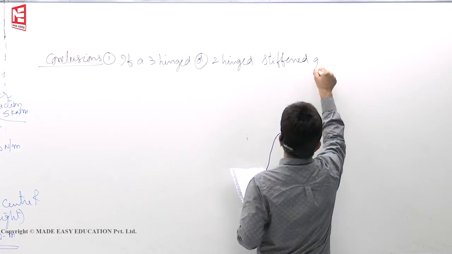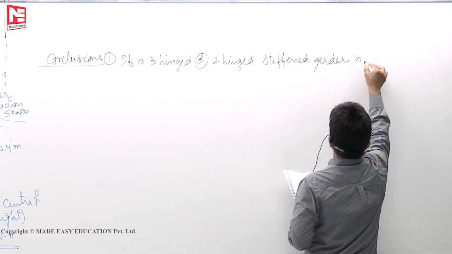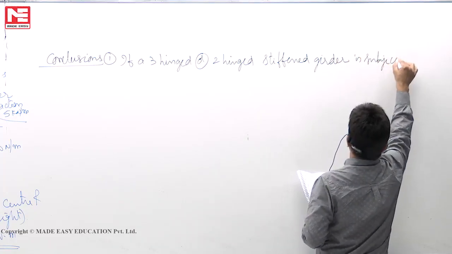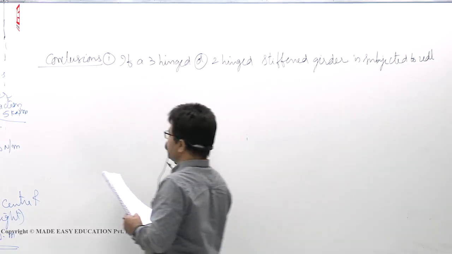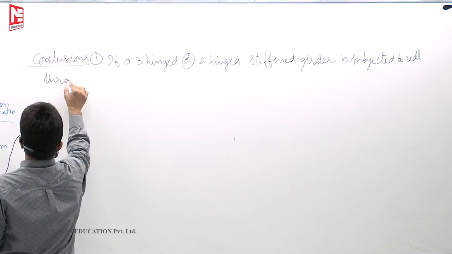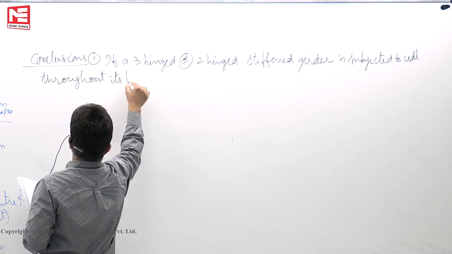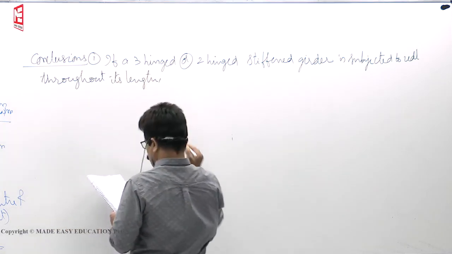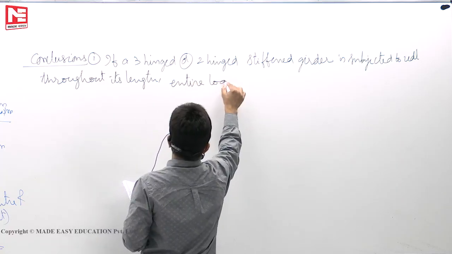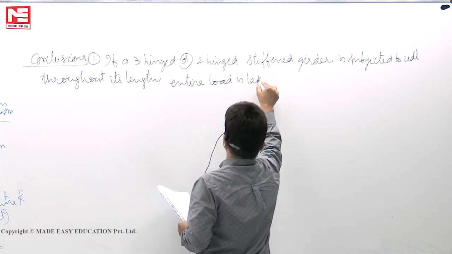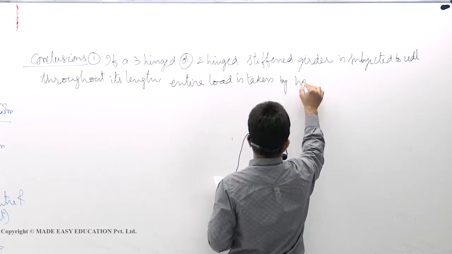If a 3-hinged stiffened girder is subjected to UDL throughout its length, the entire load is taken by the hanger bars only.